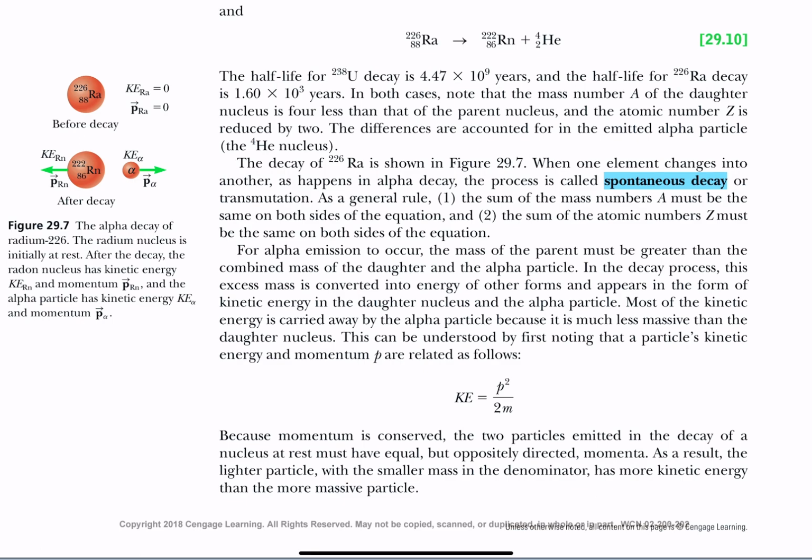But the point we're trying to make with this equation is when the daughter product or products are produced, as well as the alpha particle, they have momentum. They have a velocity times the mass. And as you might expect, the more massive the particle, the more slowly it's going to travel. And since an alpha particle is much less massive than a radon-222 particle, you would expect it to have a much, much higher speed.